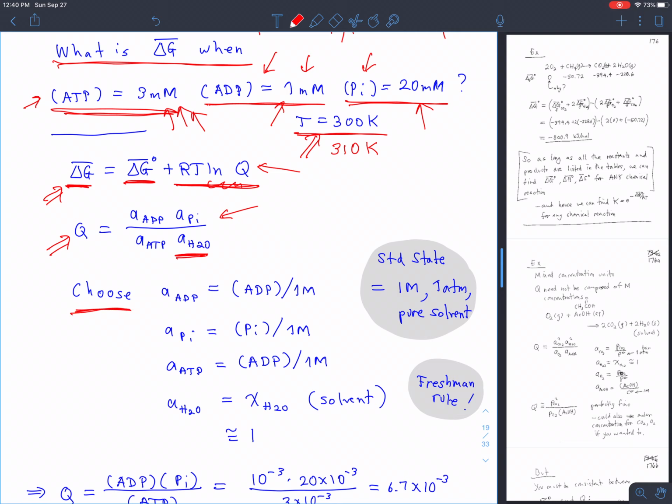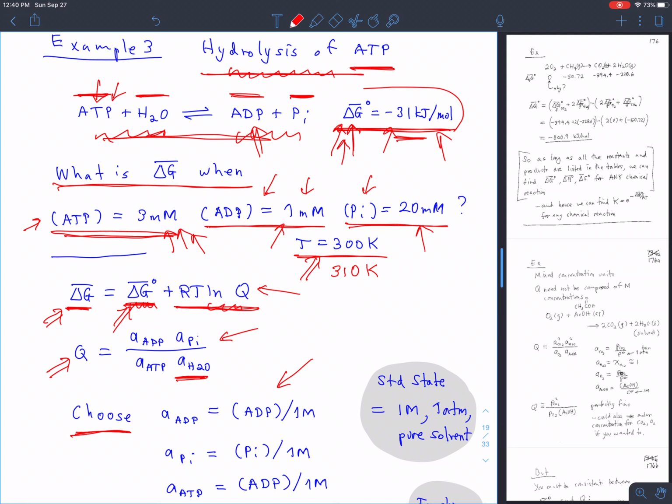We're free to choose the expressions for these activities to a certain extent, but we have to choose definitions that are compatible with the standard states for the delta G values that we use up above, right?